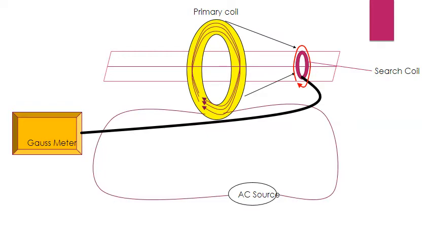That magnetic flux directly falls on the secondary coil, the search coil. Because of that, it generates the EMF. That EMF is given to the Gauss meter. The Gauss meter's role is to convert the induced EMF into gauss. This is the main principle and theory behind this particular experiment.